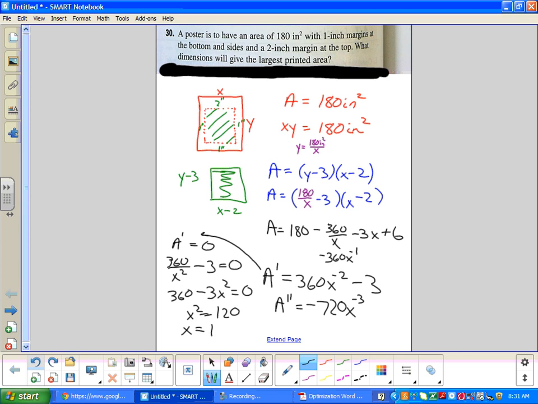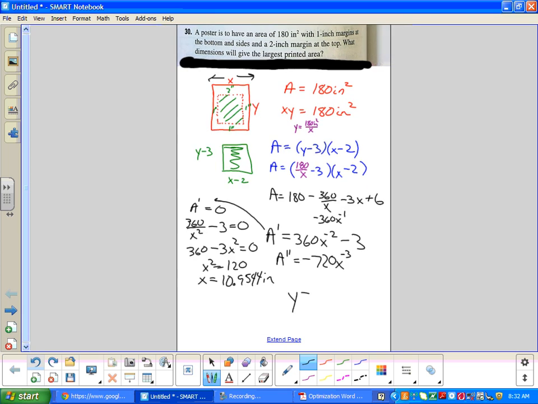But that's 10.9544 inches. Now, everybody, that is not the printable area. In my example, that is x. So it's going to be 8.9544, but we still have to solve for y.